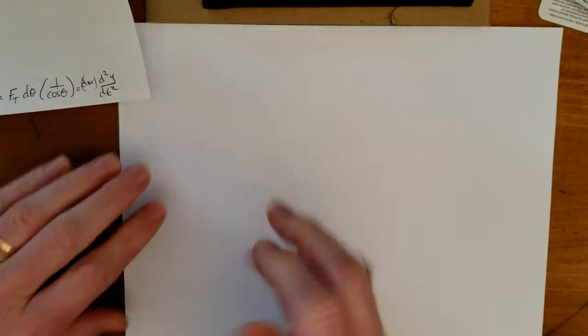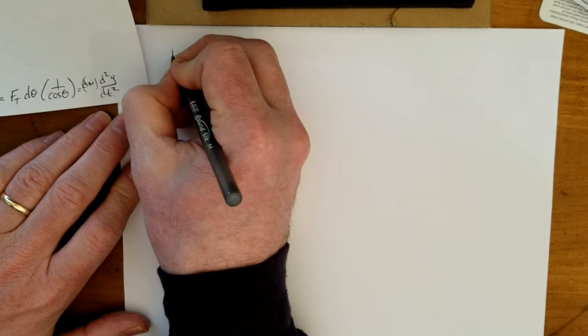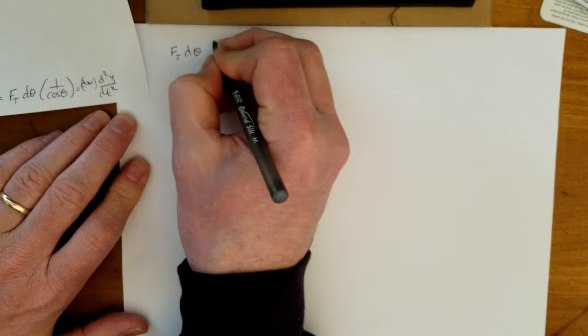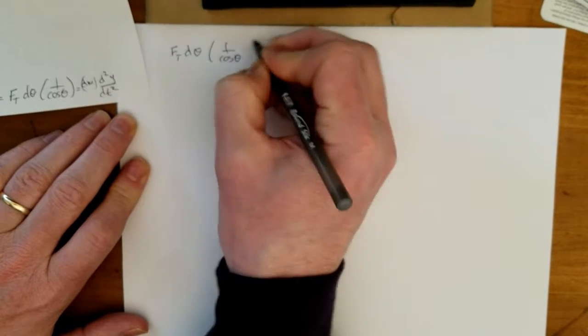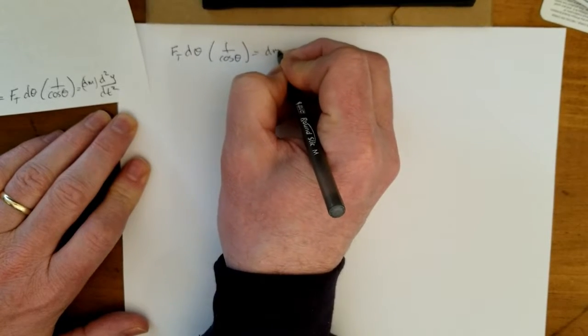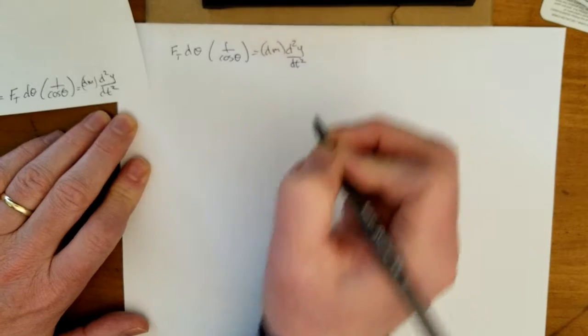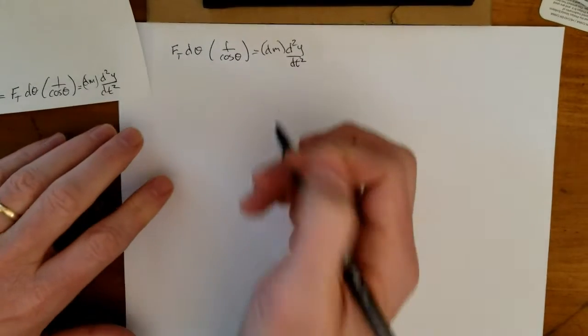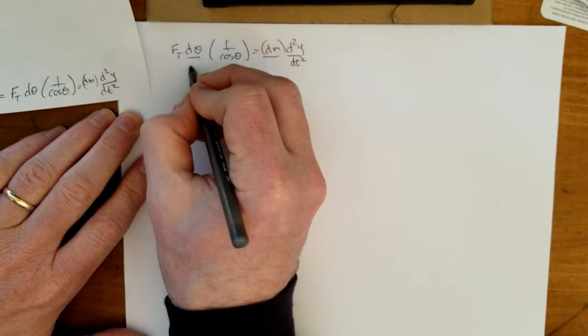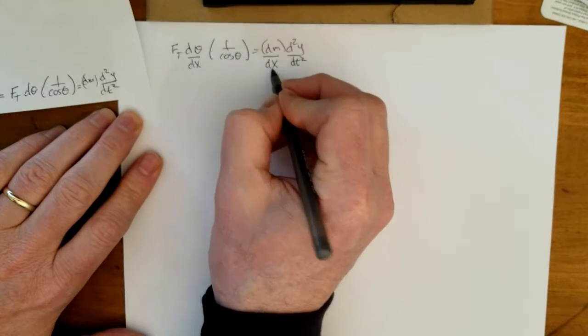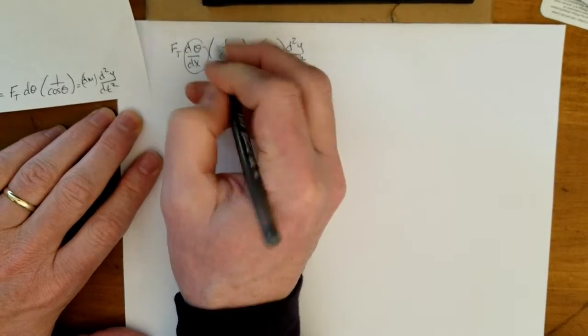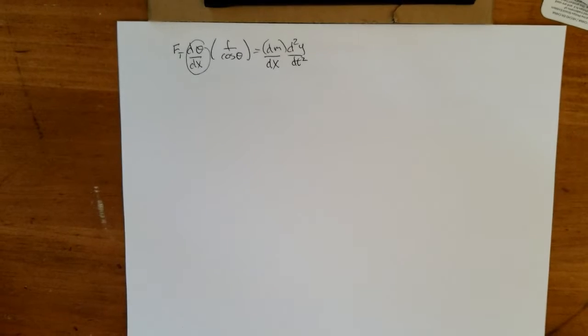So now, I'm just rewriting that last equation down. So I have the tension times d theta times 1 over cosine of theta is equal to dm times d squared y dt squared. And now we bring in some stuff that we've done already. So I'm going to divide both sides by dx. So d theta dx, we did that on the very first page.